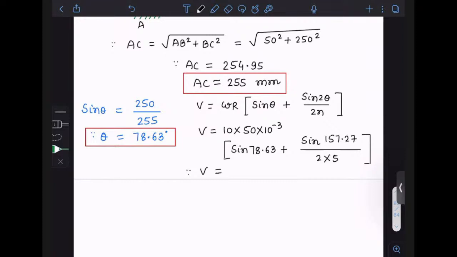Can anyone tell me what we are getting? Cross check this, please.